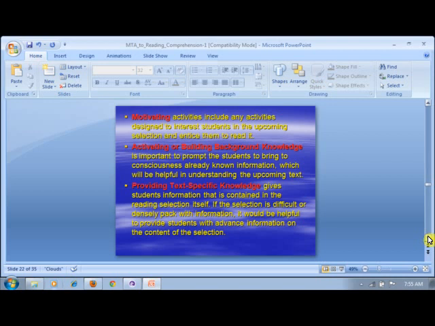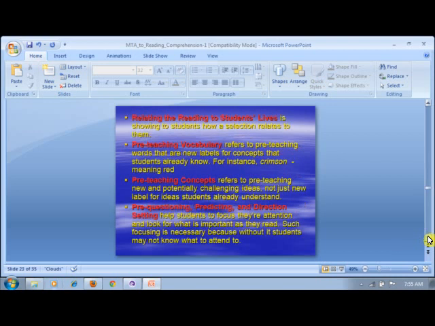Providing text-specific knowledge gives students information that is contained in the reading selection itself. If the selection is difficult or densely packed with information, it would be helpful to provide students with advanced information on the content of the selection.